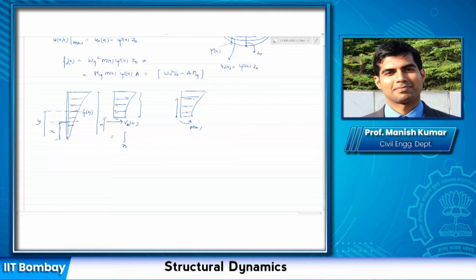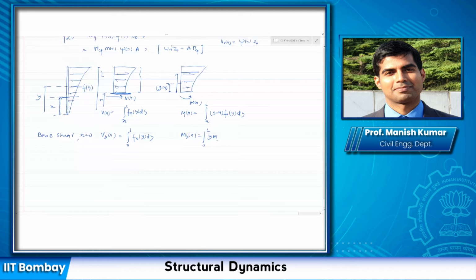Base shear I am going to use x equal to 0. Base shear would be integral 0 to L of f of 0 y dy, and Mb would be integral 0 to L of y Fy dy. And we can substitute this expression and find out what are those values.